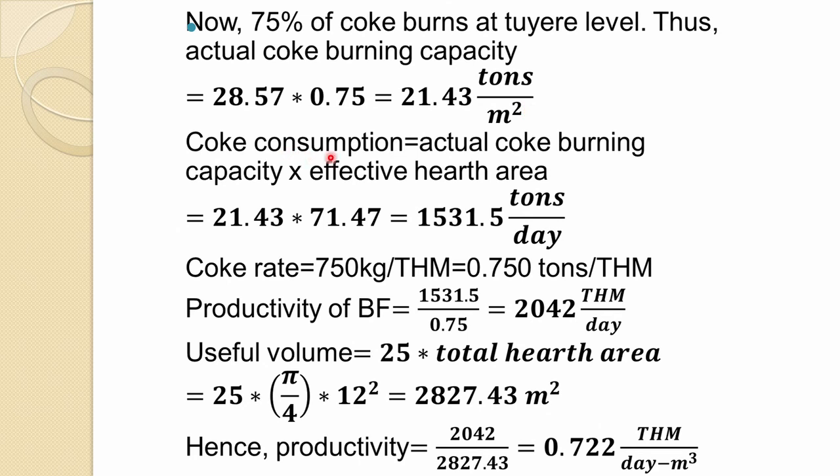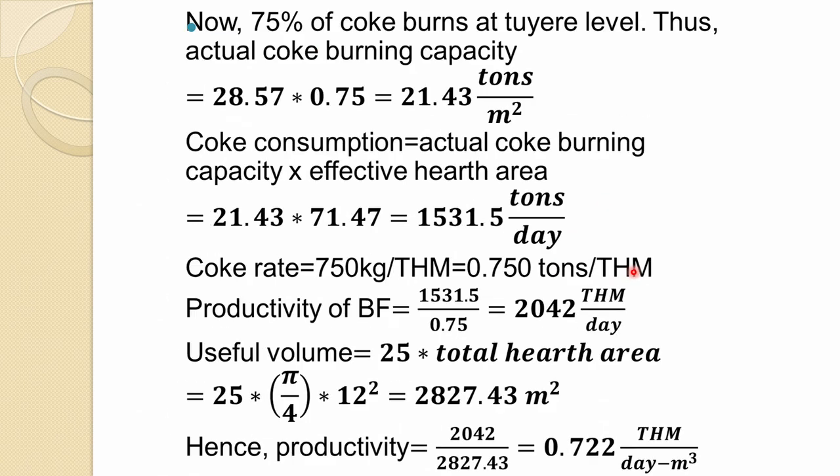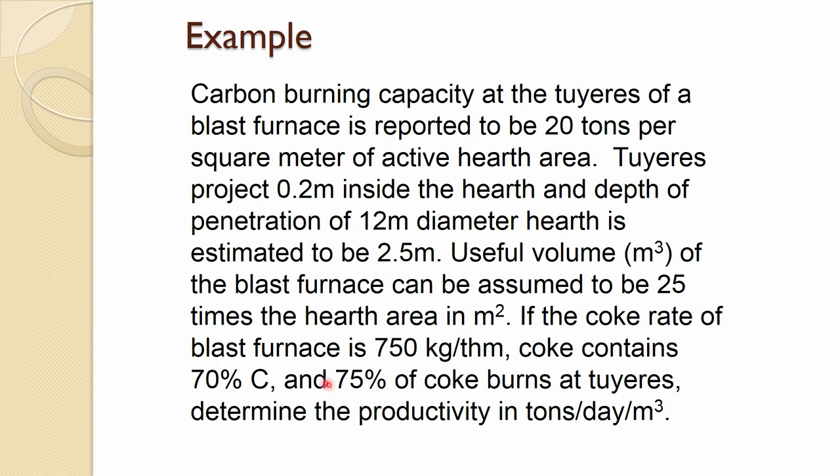So, coke consumption is the actual coke burning capacity into the effective hearth area, which we have already calculated as 71.5. We multiply this, and that is going to give you 1531.5 tons per day. So, this is the coke consumption which is required.